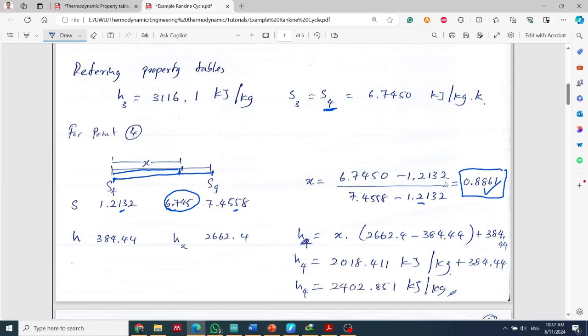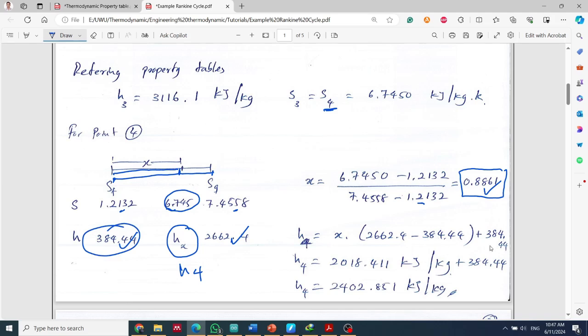Since we know the quality x, we can find the H4 value, right. So we can write H4 equals x times this distance, x times the total distance, plus this value, right. Okay, so that is what is done in here. So H4 equals x times this value minus this value, plus this value.